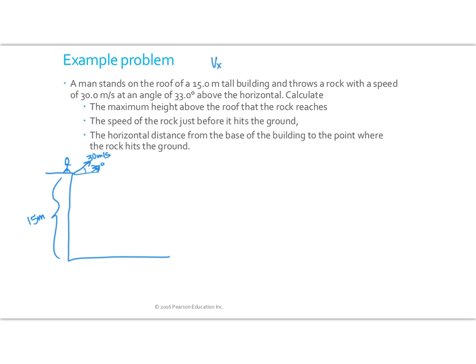Let's look at Vx naught, which is going to be 30 times the cosine of 33. That's going to be 25.1. Vy naught is 30 times the sine of 33. That's going to be 16.3. I'm going to say x naught, I'm going to let be 0, but I'm going to let y naught be 15 because he's on the top of a 15-meter building.